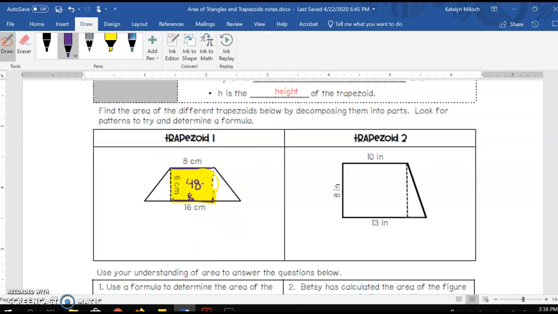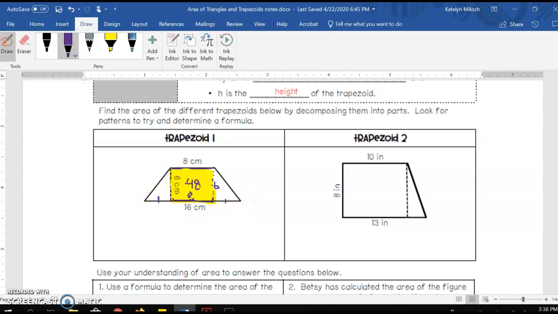Then we have 2 triangles. Well, we can see the height of this triangle is 6. Since we have a rectangle here in the middle, the height of this triangle would be 6 as well. Now, there's not all the markings on here that there should be if we were actually in the geometry class in high school, but we're going to assume that the bases of each triangle are congruent.